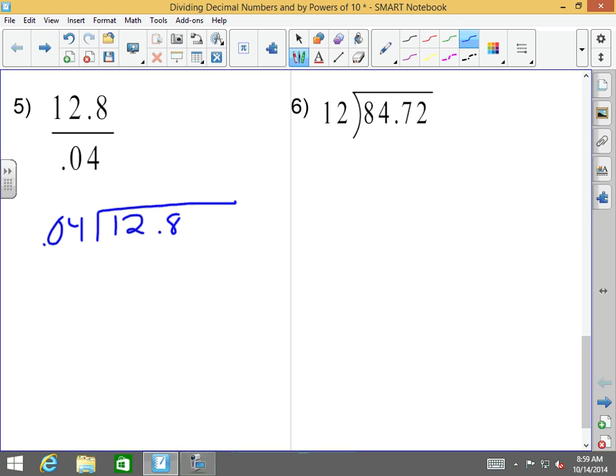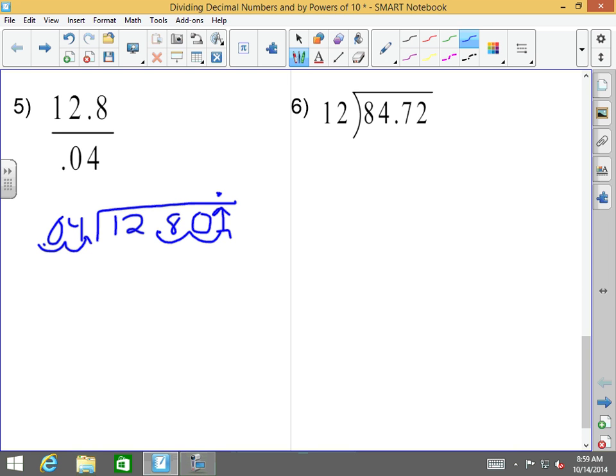Okay? Now, what decimal do I have to move first here, guys? The divisor is very good, so I'm going to go 1, 2 to the right. So what do I have to do to the dividend? Move it 1, 2 to the right. Bring it up so you don't forget. And fill that gap with a 0. Does that make sense, gentlemen?